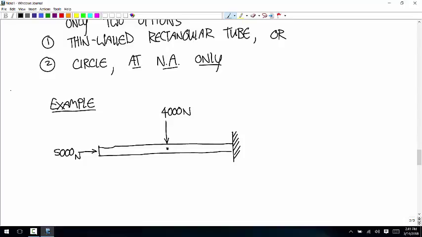And there's also a couple in this direction of 2,000 newton meters. And let's say the whole length is 1 meter.